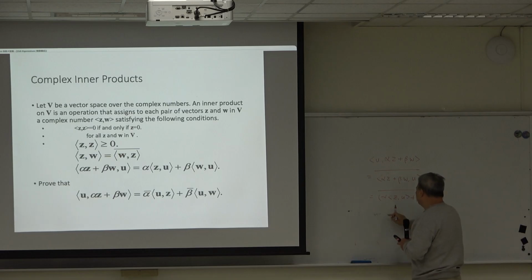So how do we do it? First we get rid of the parentheses, so it's going to be alpha conjugate Z U conjugate plus beta conjugate W U conjugate. So we need to change the order of the ZU and the WU. So what happens is we apply the first rule, the second rule again.